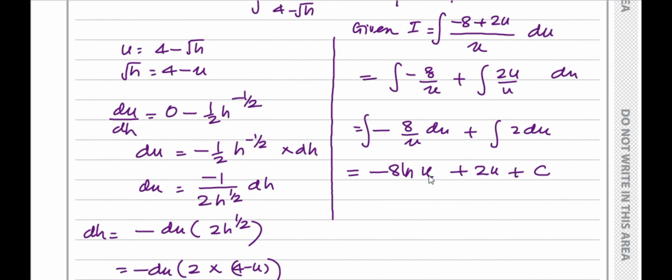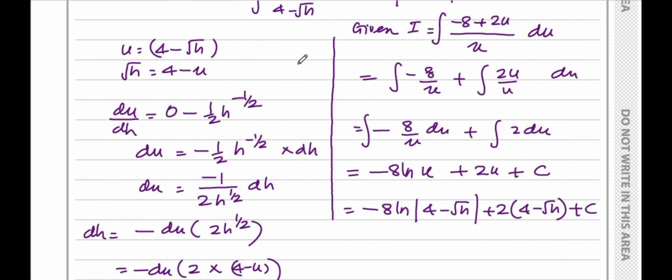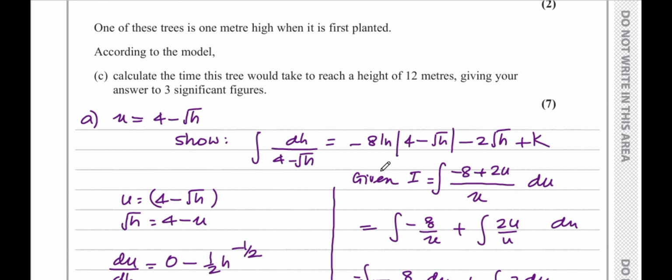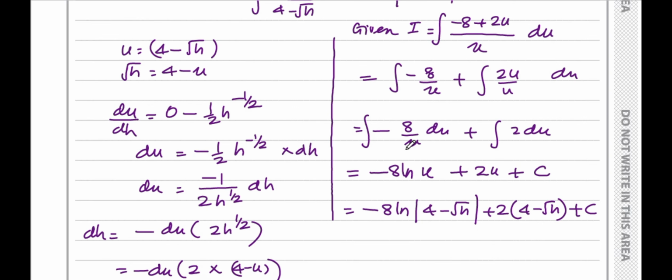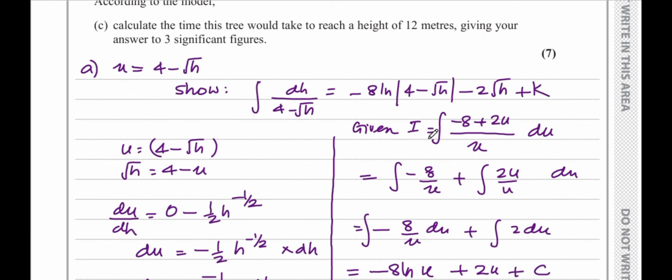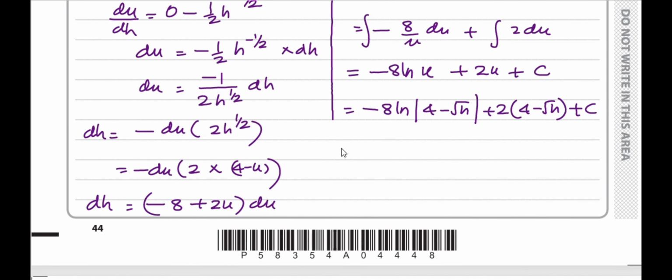But we can't have this in the answer, so we need to replace the u with whatever value we had assumed earlier. So that is minus 8 ln(4 minus square root of h) plus 2 times (4 minus square root of h) plus c. Let us look at what we need to achieve here. We need to have minus 8 ln, that much is achieved. So let's expand this. We are nearly there.